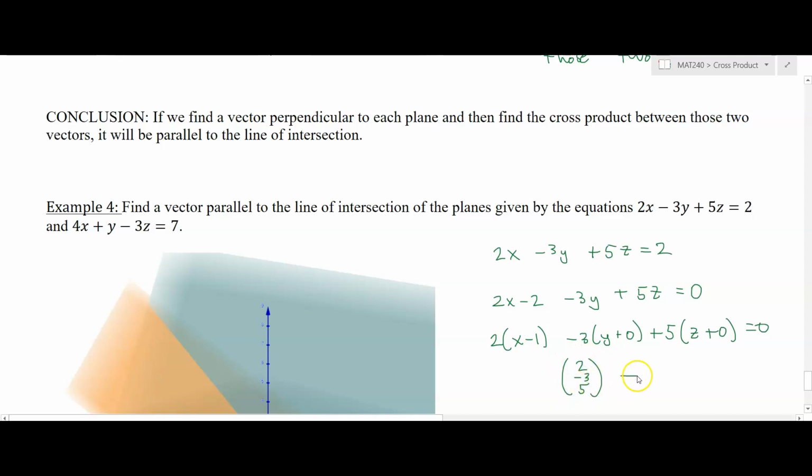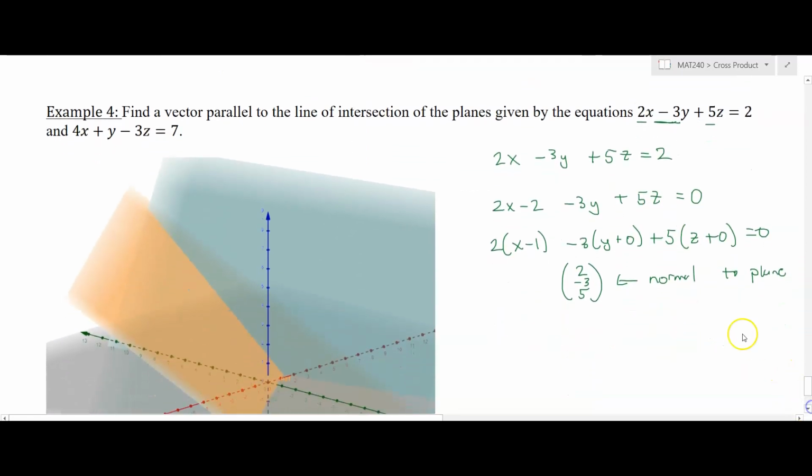So that would be normal to the plane. And you see that that's really just a matter of picking the three coefficients from x, y, and z, respectively, to form that perpendicular vector.